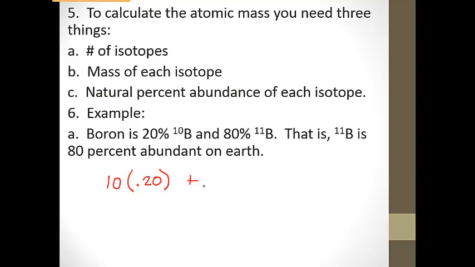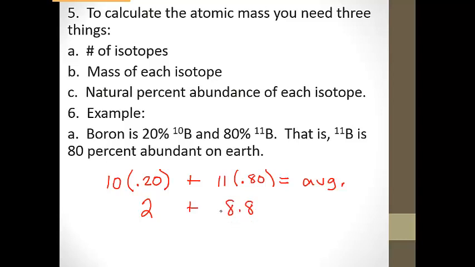And then we would want to add to that our other type of boron, which was boron with a mass of 11, and it is 80% abundant, and that is going to equal our average. So mathematically, 0.2 times 10 gives us 2, and 11 times 0.8 gives us 8.8.